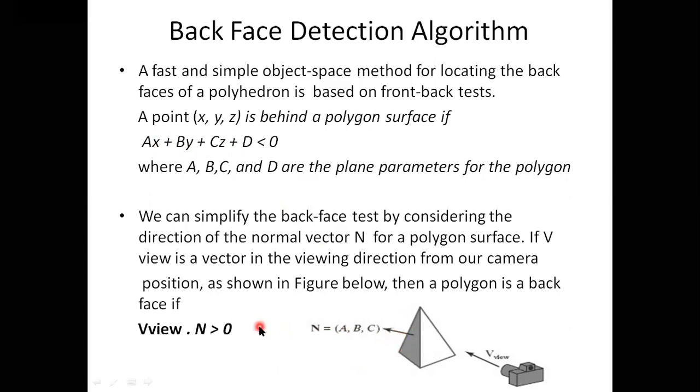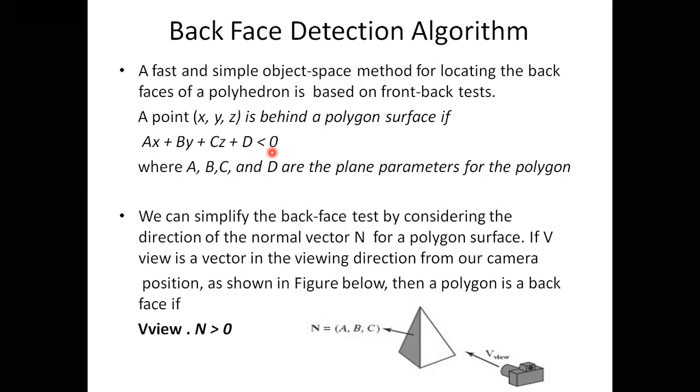Now, if ax plus by plus cz plus d, which is a constant, turns out to be less than 0, then I consider that the point is on the object. I have still not come to determining front face or back face. I am only determining whether the selected point is on the object or outside the object.